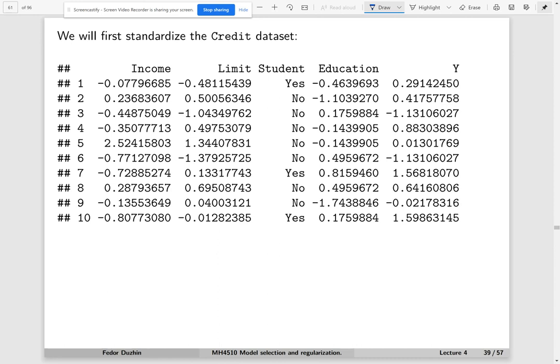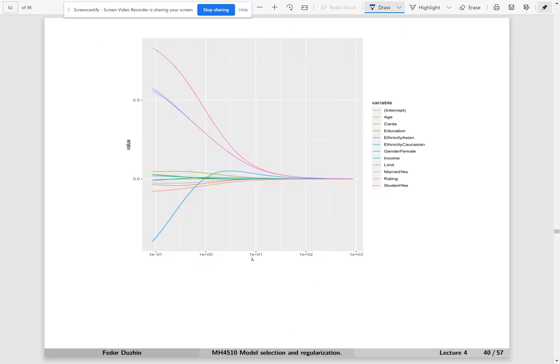So basically, I'm going to replace every numeric variable x with x minus its own mean, divided by the standard deviation of x, so that the outcome has 0 mean and standard deviation 1. This is needed so that we can directly compare the coefficient at, say, education and income. Otherwise it doesn't make sense to compare them.